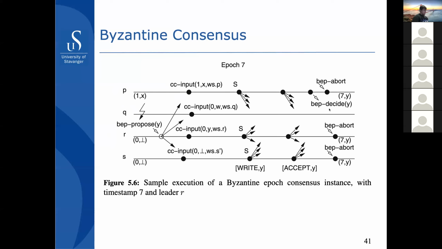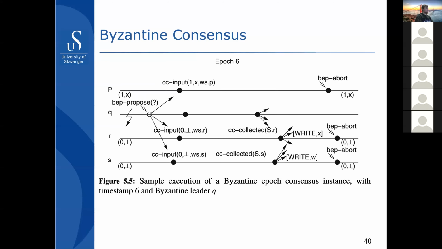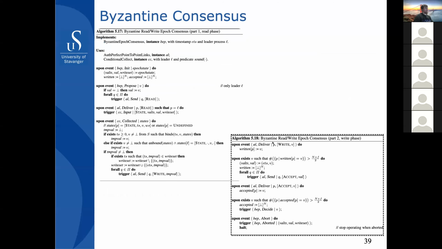Only the Byzantine process actually decides on this value, because the other ones are aborting. But since he is Byzantine, he decides anyway. The other ones abort, but they have the accept message written here, so that we can see that we have a sufficient number of writes, and that's why we broadcast the deliver out.